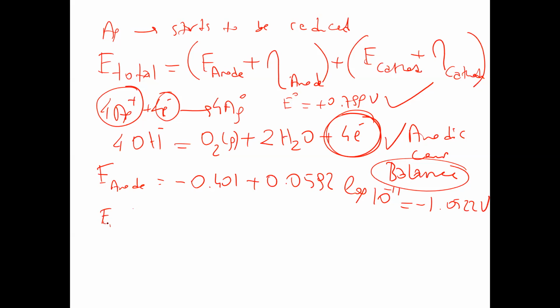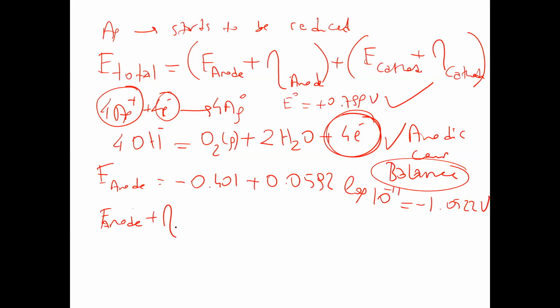And E anode plus overvoltage that takes place in the anode compartment: minus 1.05 volt plus minus 0.65 volt is equal to minus 1.7 volt.